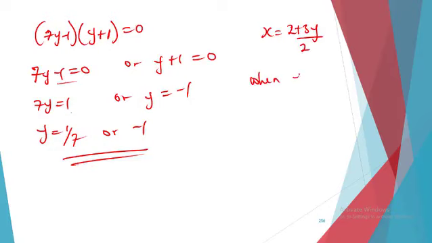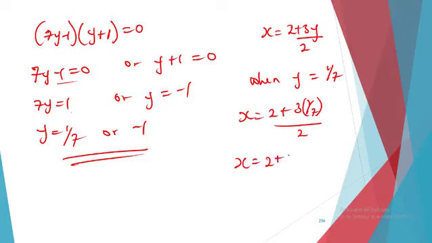So when y is equal to 1 over 7, we have x to be equal to 2 plus 3 into 1 over 7, all over 2. X will be equal to 2 plus 3 times 1, which is 3 over 7, all over 2. The LCM of 7 and 1 is 7. Remember, there is a 2 here. Then 1 into 7 is 7. 7 times 2 is 14, plus 7 into itself is 1 times 3, which is 3.